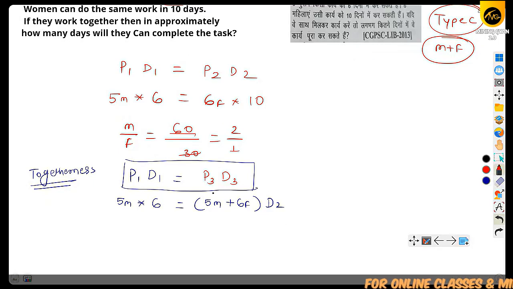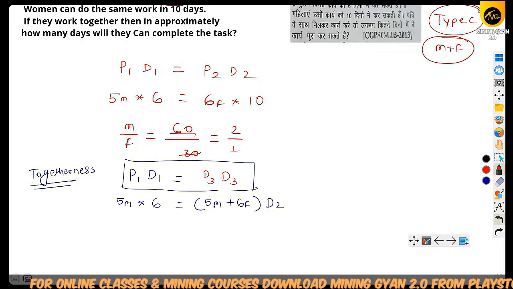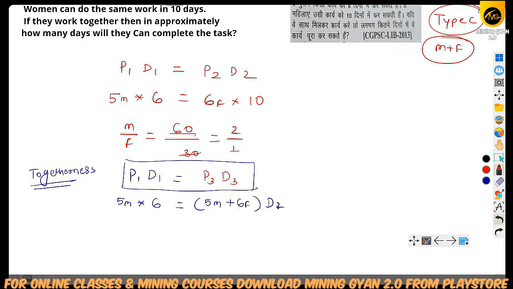You can call P3 the togetherness, or the number of total males and females. So 5 males and 6 females together work for the same piece of work. So P3 is 5 males and 6 females, and this is D3. Now we have to find out the number of days, that is D3.